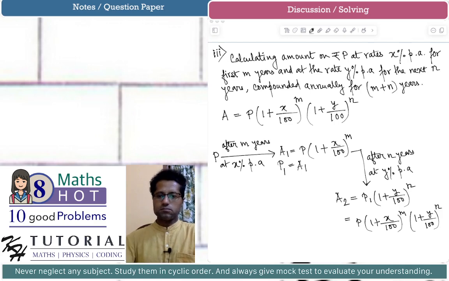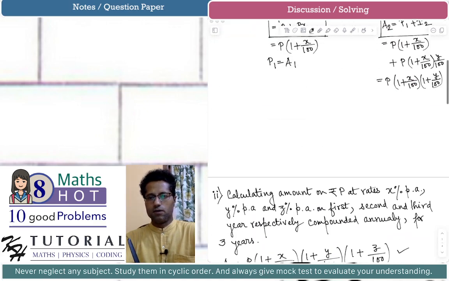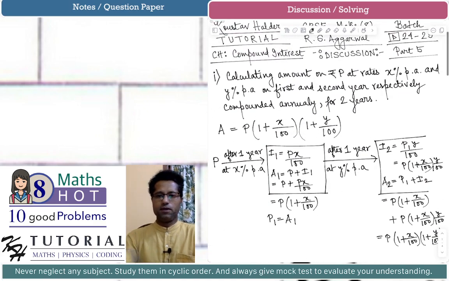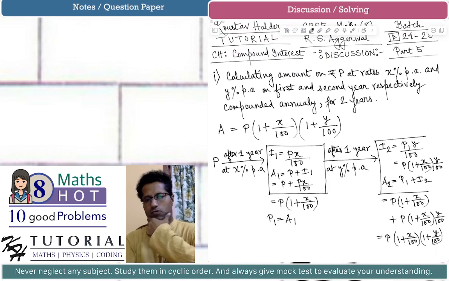Now one thing to note regarding this formula of computing the amount for a certain period of time, where the interest is being compounded annually and the rates are different for different years.